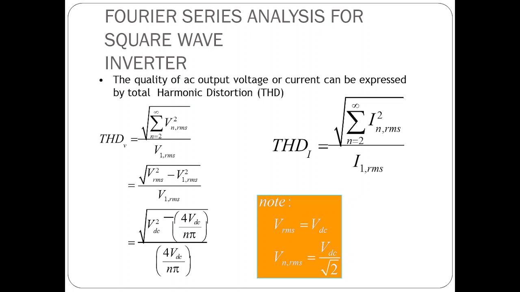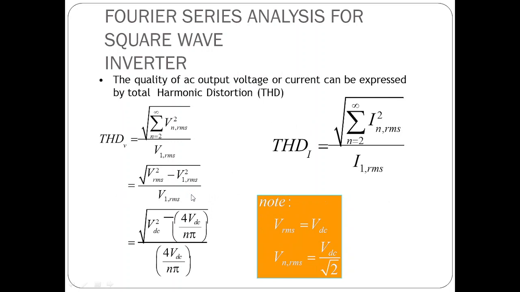So applying the formula, with 4 VDC by n pi divided by 4 VDC by pi, we will get the total harmonic distortion. And here the VRMS is equal to VDC, and therefore by this calculation we can say that VRMS is equal to VDC in this Fourier series analysis for a square wave inverter, and VnRMS is equal to VDC by root 2 should be taken into consideration.